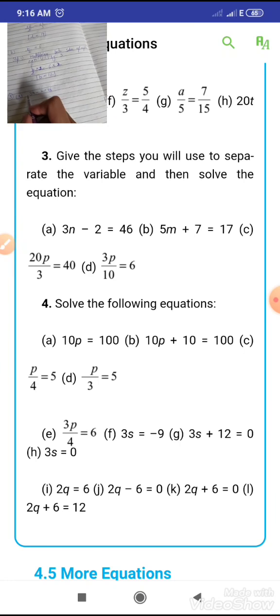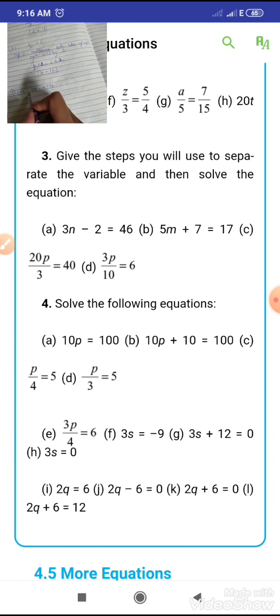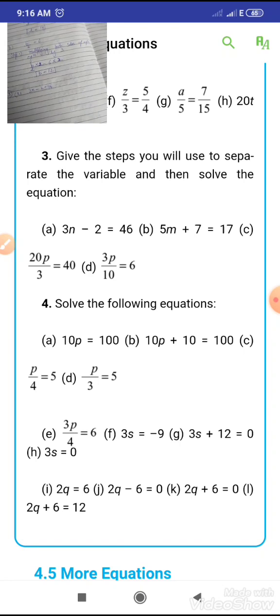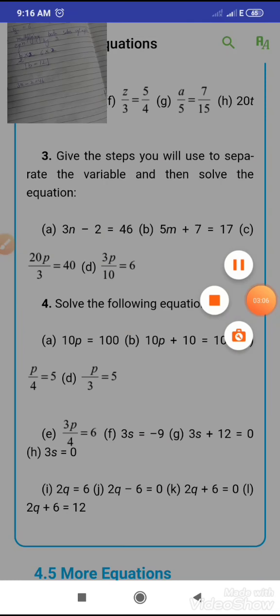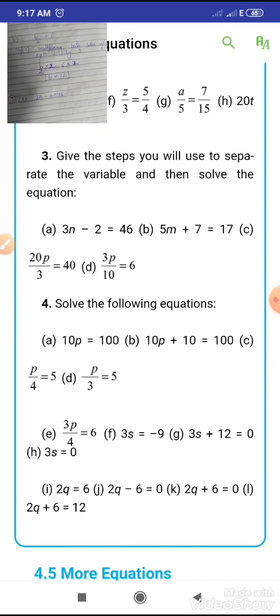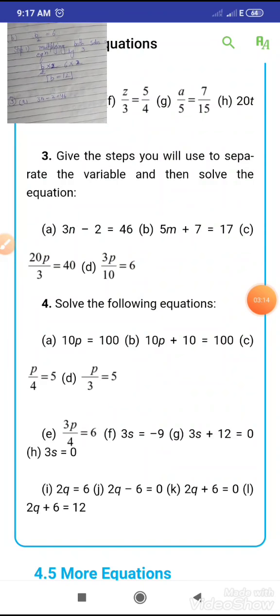For solving this question, first we separate or remove the constant part from the equation, and then we use the next step to separate the variables. Or we can say first we remove that part from the equation that does not contain any variables.